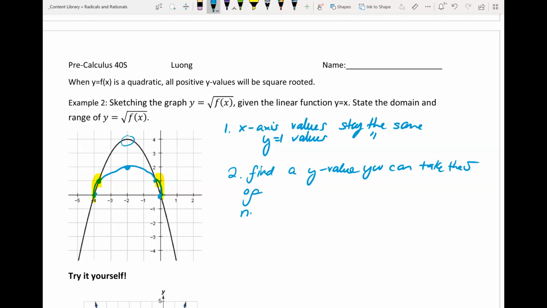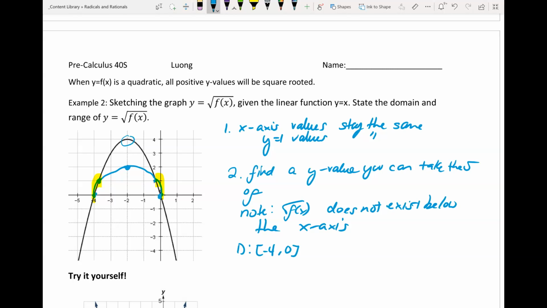And as your side note here, the square root of f of x does not exist below the x-axis. So your domain is going to be from -4 to 0, because if you look at our graph, our most left point has an x value of -4, our most right point has a value of 0.